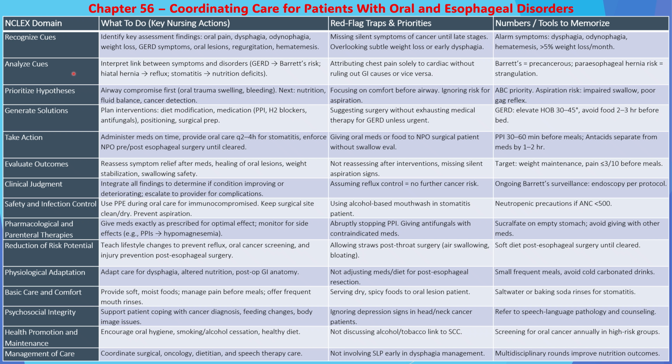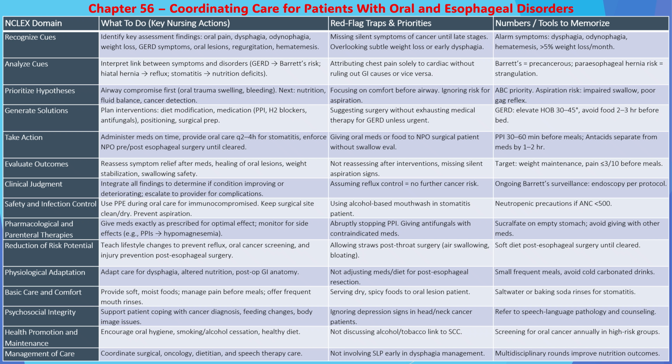For recognizing cues, we identify key assessment findings: oral pain, dysphagia, odynophagia, weight loss, GERD symptoms, oral lesion, regurgitation, hematemesis. I'm going to take the light zone out, and maybe you can take a short screen.